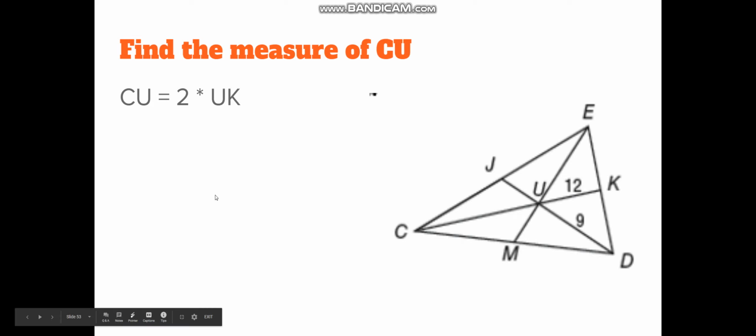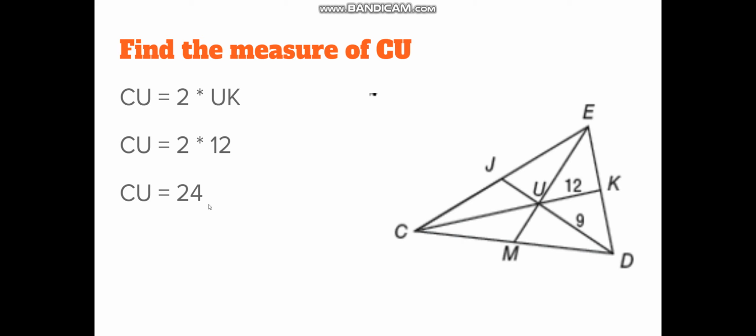So to find CU, all we do is multiply 2 by 12, and CU is 24 units. I know that because it's going to take 2 of these to make this. This is 2/3 of the way down CK. Right?